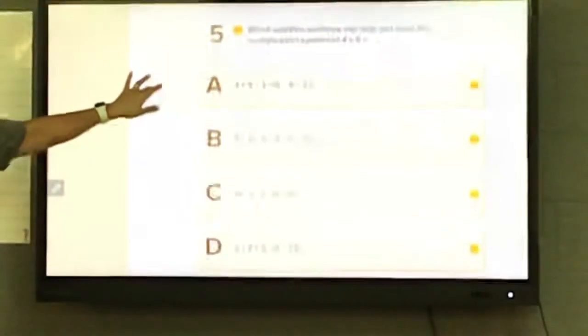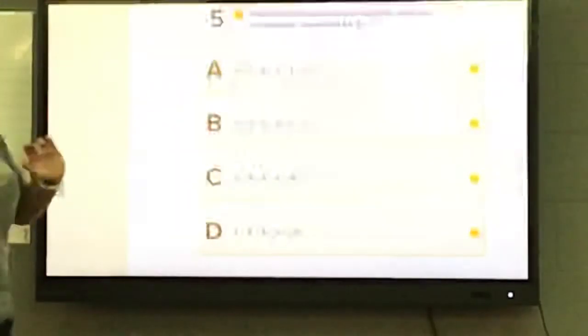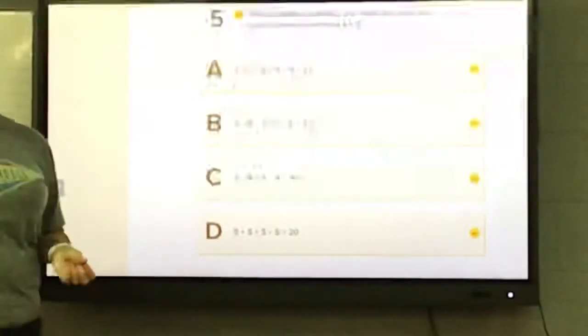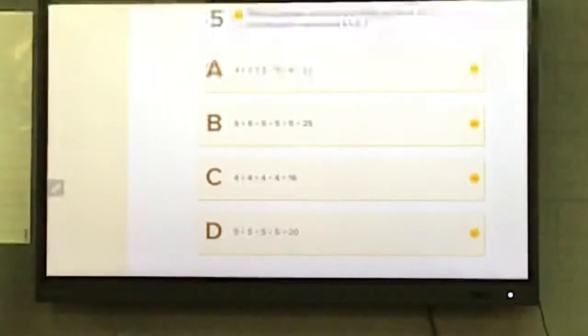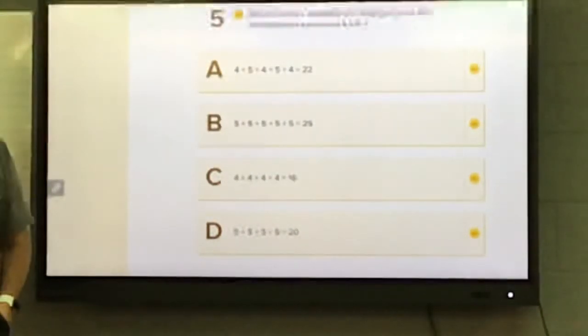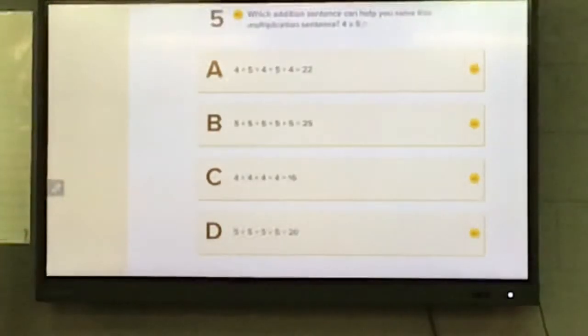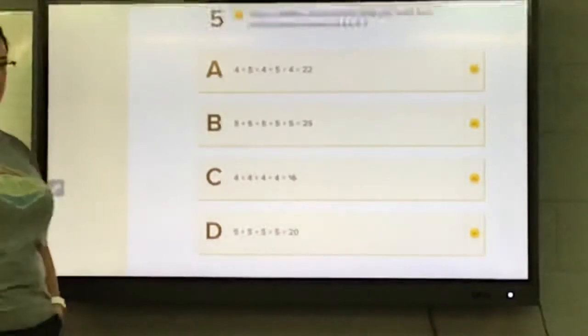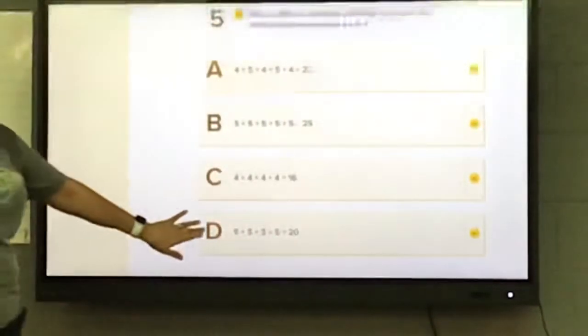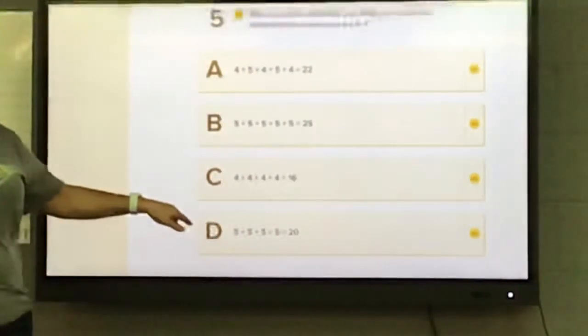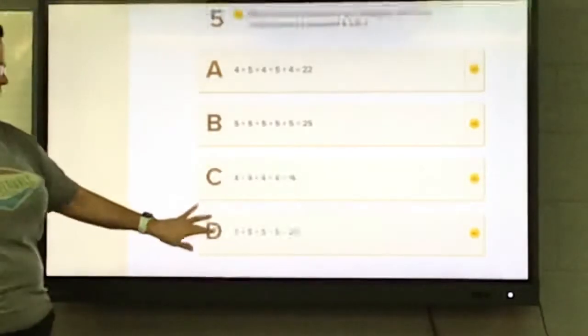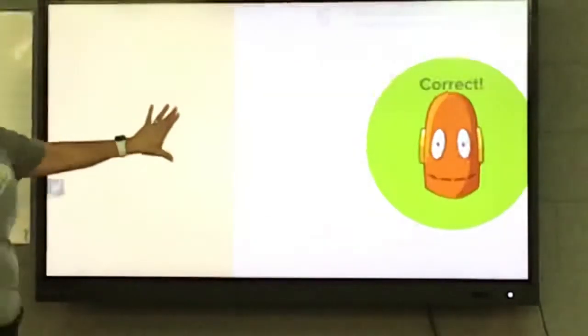Which one of these shows us 4 groups of 5? Reese? Anybody else thinking D? Yeah. Good job.